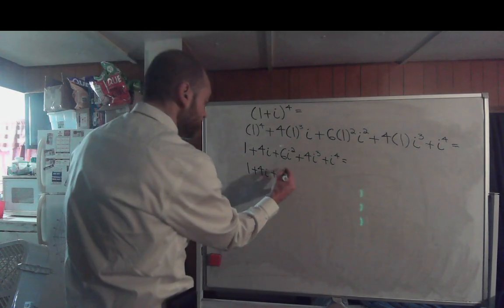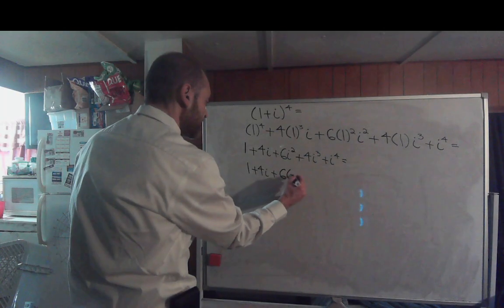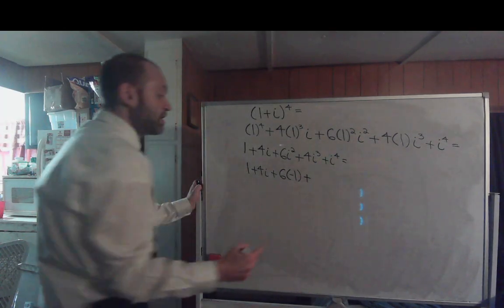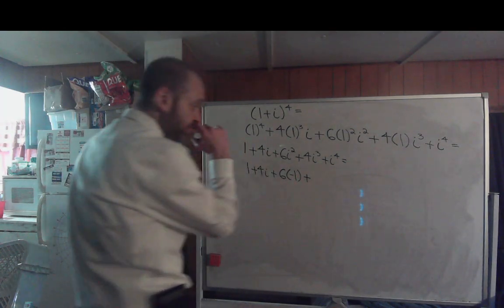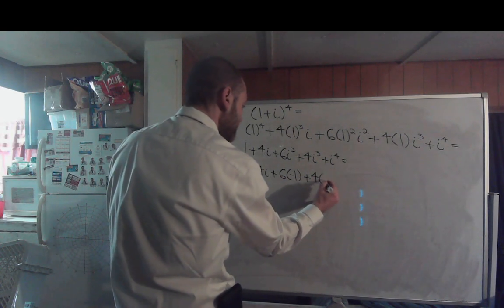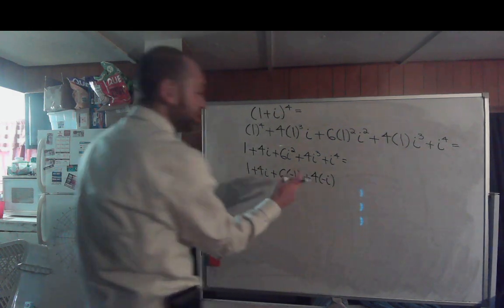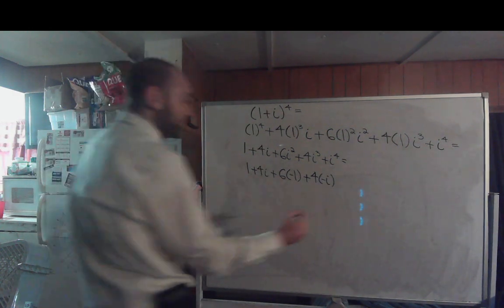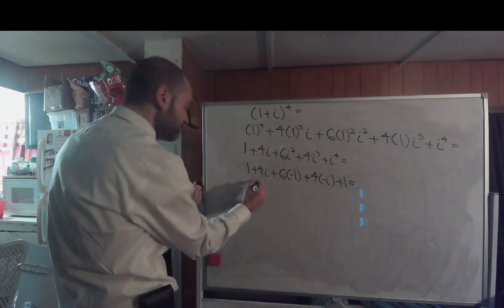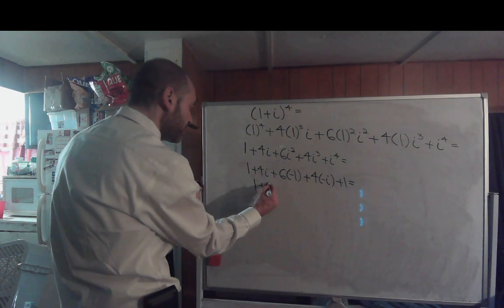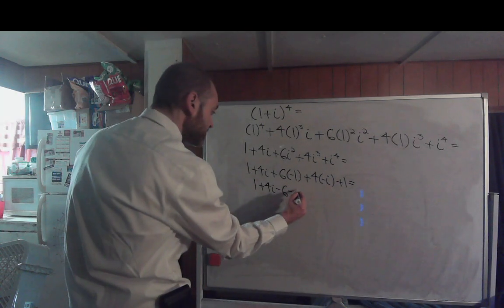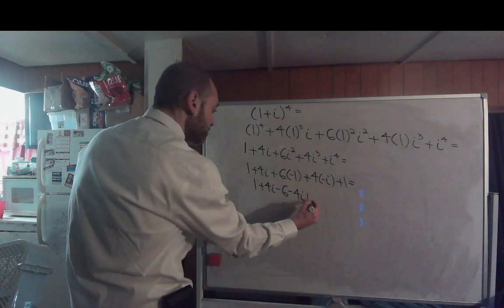That's actually -1, so this would be plus 6 times -1, plus, okay, now what is 4i to the 3rd? Well, i to the 3rd is actually -i, so that becomes -4i, plus i to the 4th is just 1. So this is going to simplify into 1 plus 4i minus 6 minus 4i plus 1.